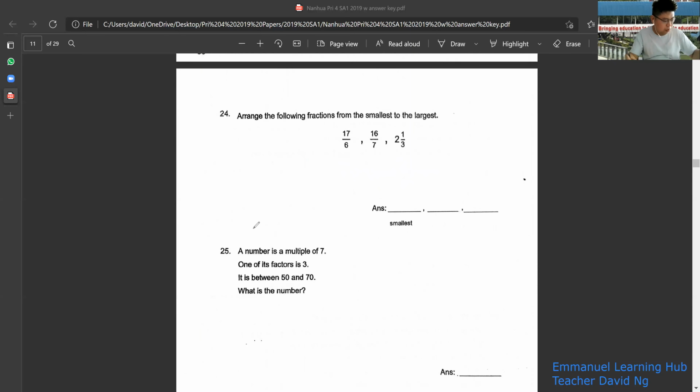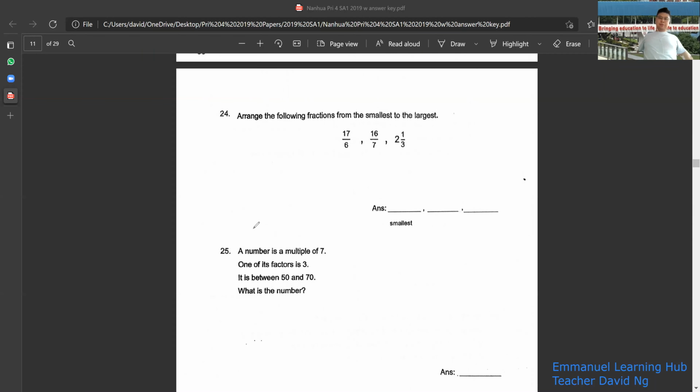Okay, you try 24. What's the technique? The technique is to... 2 1/3 has 2 more, so that one will be the largest. Then... no, not correct.